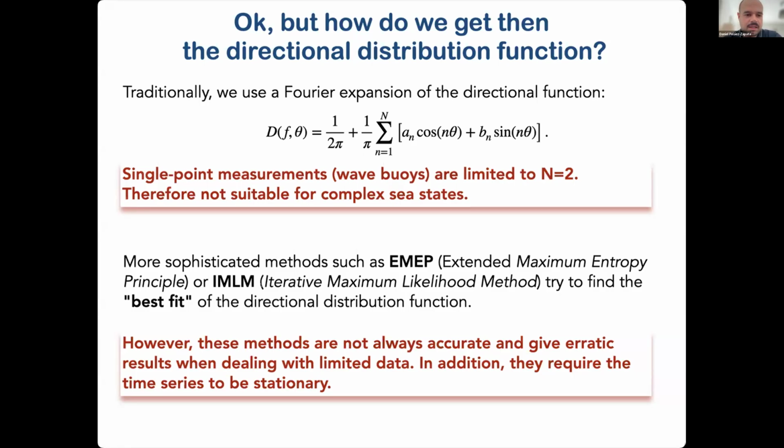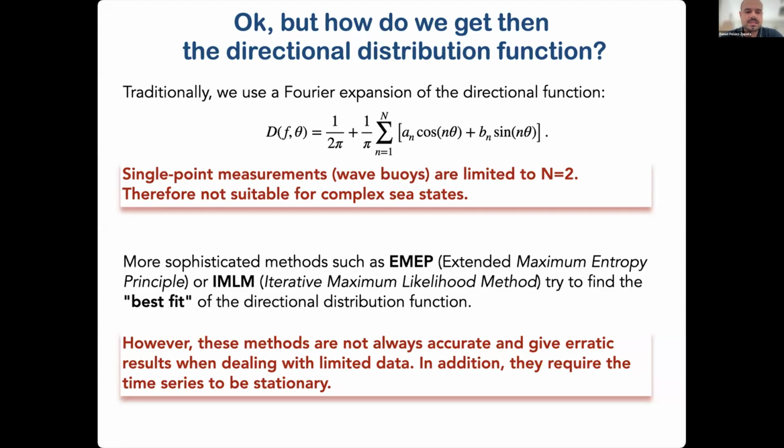More sophisticated methods have been developed, like the family of the maximum entropy methods or the maximum likelihood methods. Basically, those methods try to find the best fit using different criteria like maximizing the likelihood or the entropy.